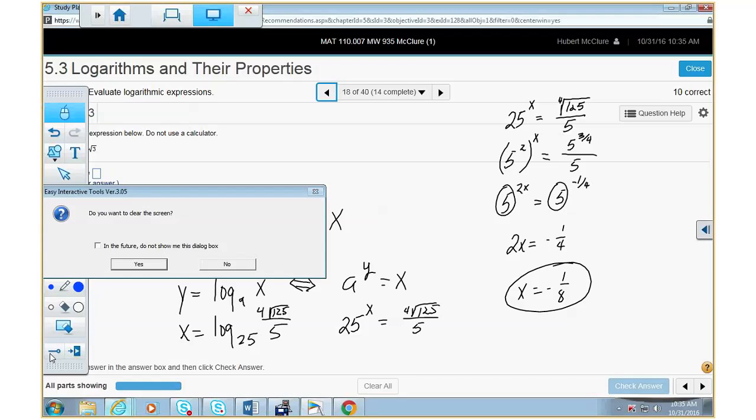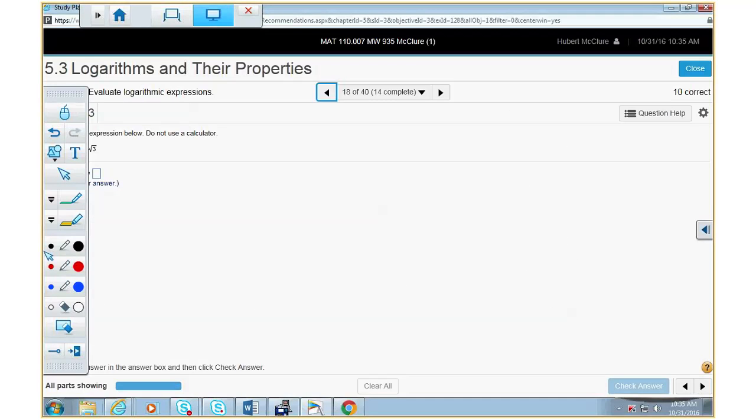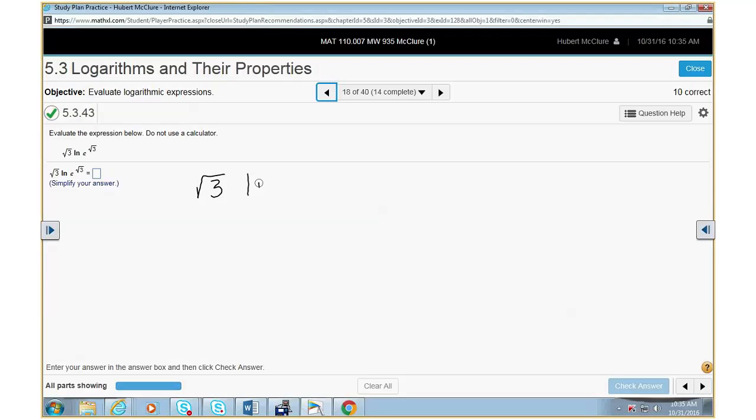So you give up yet? Good. So we got natural log of e to the square root of 3 is the square root of 3. Now what does the power rule of logarithms say? Look at it, I gave it to you last week. What does the power rule say?